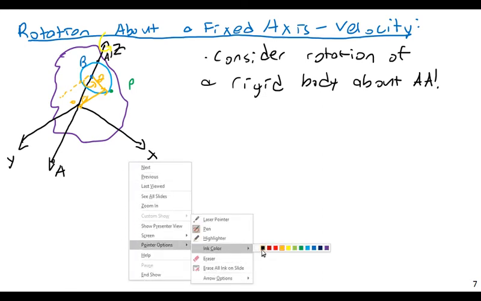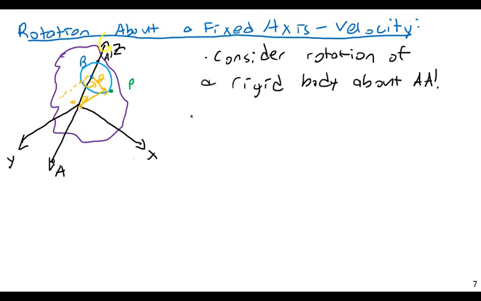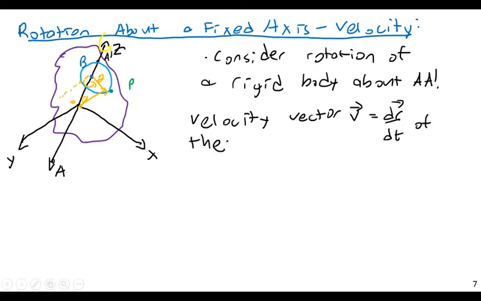So let us discuss a few of these things. Velocity vector V is going to be equal to dr/dt of the particle P. So I'm basically taking one particle out of the rigid body and analyzing its motion.